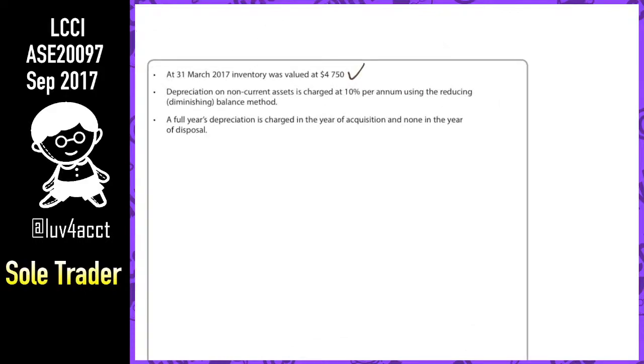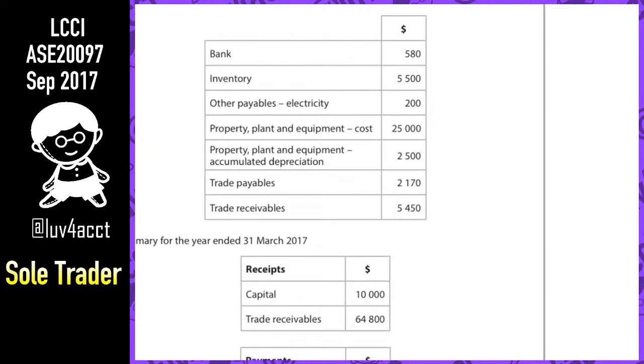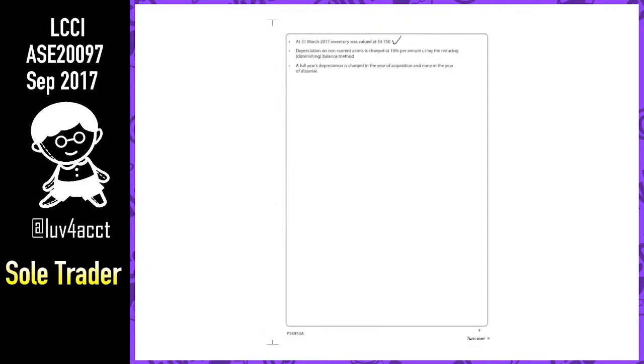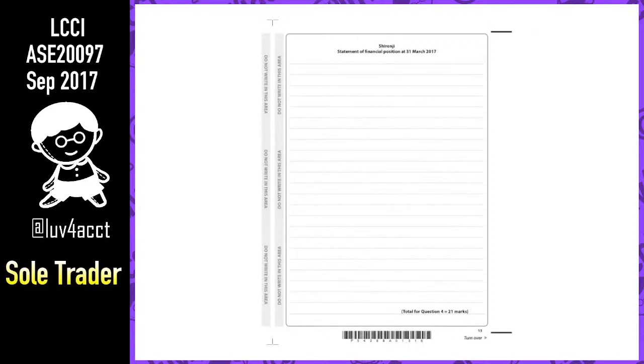Let us see what is the depreciation policy: 10% reducing balance method, with full year depreciation charged in the year of acquisition and in the year of disposal. So we have 25,000 and then 2,500. This we need to add 5,000, and the depreciation policy is 10%. So we have the first figure.